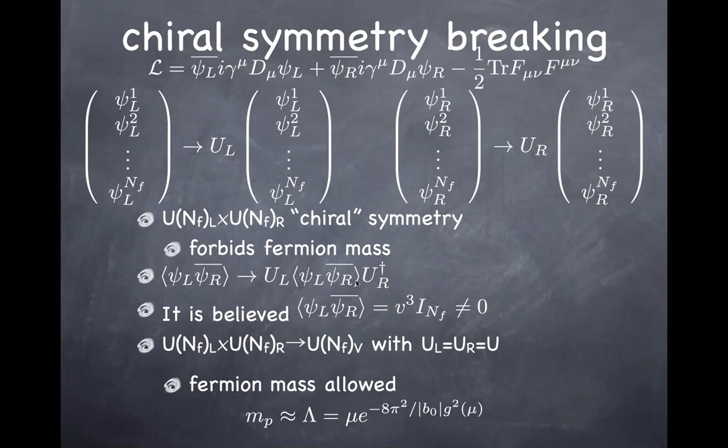And what is believed to happen in this theory, when the theory becomes strongly coupled, is that this fermion bilinear psi left, psi right bar actually acquires an expectation value. And this is similar to what happens in, let's say, superconductivity, where you have a fermion bilinear acquire an expectation value.